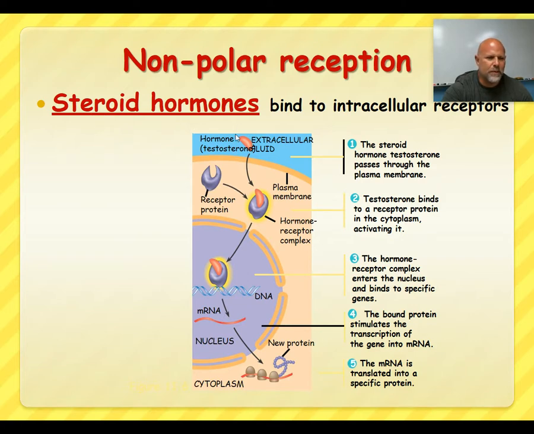These small steroid hormones can move right through the cell membrane and bind to, oftentimes, nonpolar receptor molecules that can then move right through the nuclear membrane and actually act as transcription factors. So they can start the transcription of an mRNA, which is going to go out and make a particular protein. That's a little different, where we're moving through a membrane, binding, moving through another membrane without any issues.